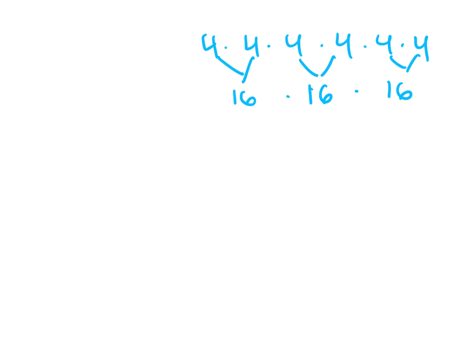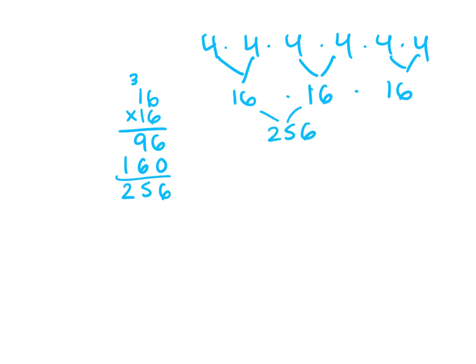Well, let's do 16 times 16. 6 times 6 is 36. 6 times 1 is 6, plus 3 would be 9. Keep a 0 there, and then 6 and 1. So it would be 256. So we have 256 times 16 now.